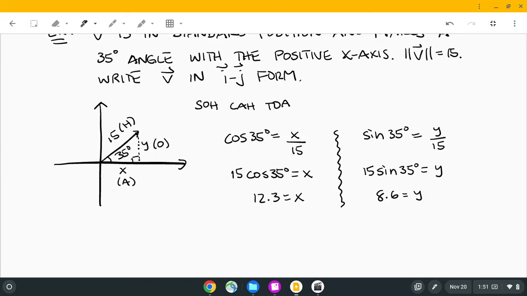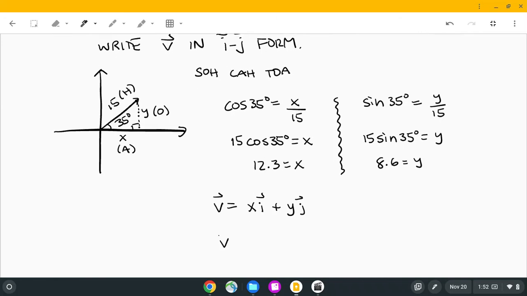So now we can go ahead and write this vector in ij form, because remember we need the x value here next to the i, and we need the y value here next to the j.